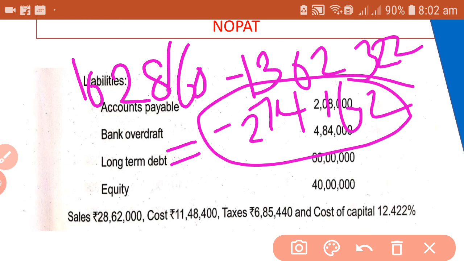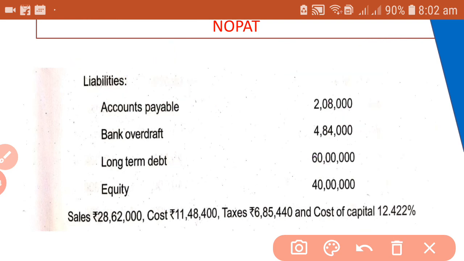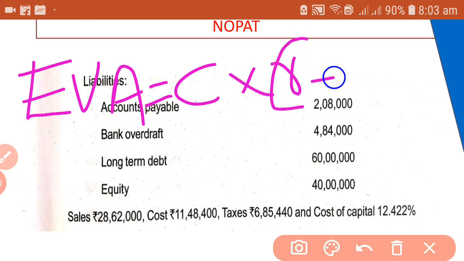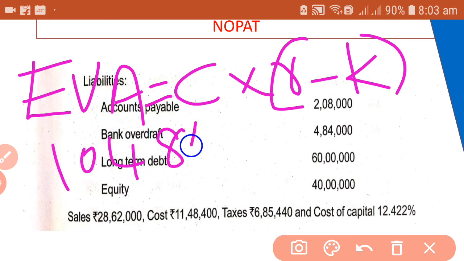And we also have another way for calculation. In another method we will calculate EVA as capital into rate of return minus cost of capital. Here we have identified capital, that is 104 lakhs 84,000, into the rate of return.